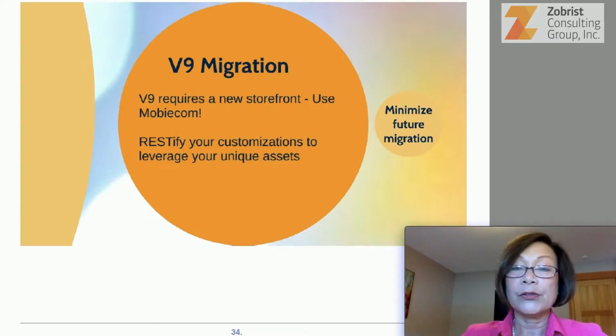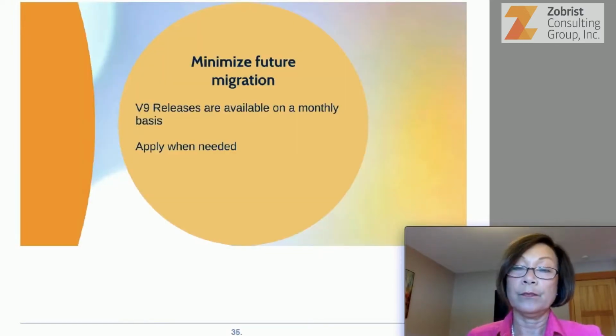So in this case, you can use Mobiecom as a new storefront as your front end. We will leverage your customizations through REST APIs, so you can continue to benefit from your unique assets and your business rules. And with that, we will minimize your future integration.